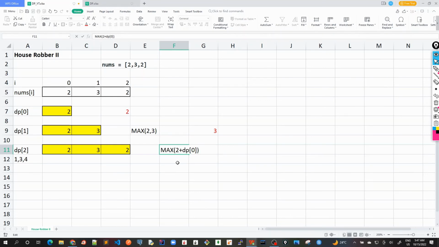So it would be max of nums I, because we are at index 2, calculating DP 2. So our I is 2 here, and this is the value that we are having, plus DP of I minus 2.